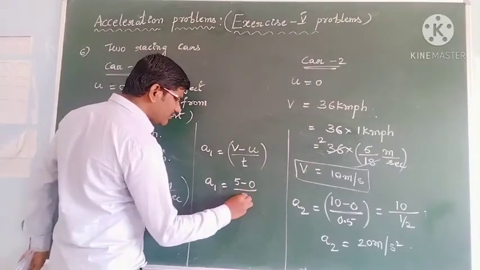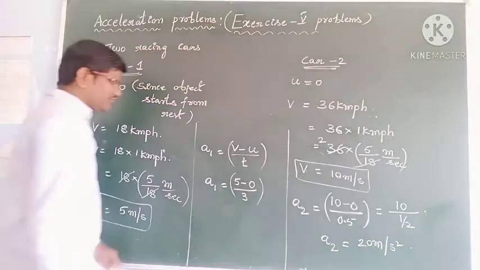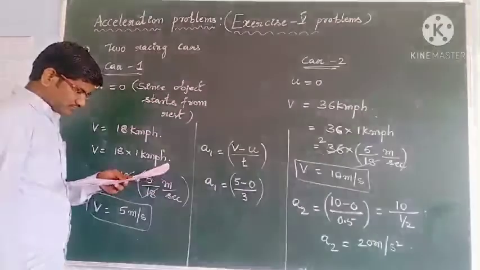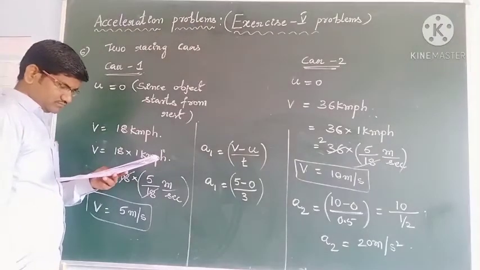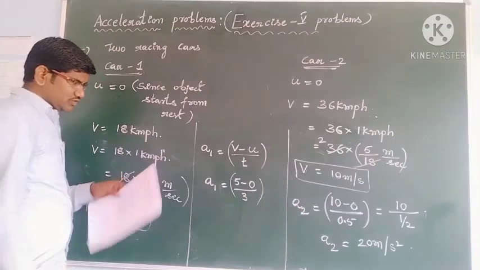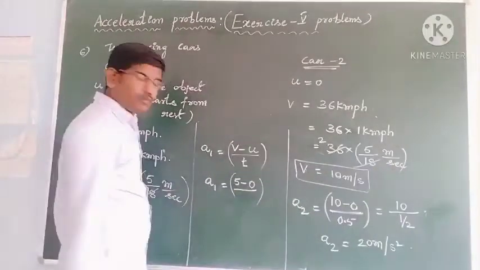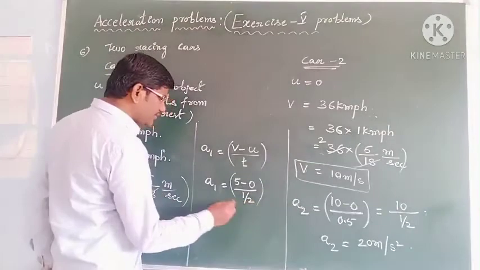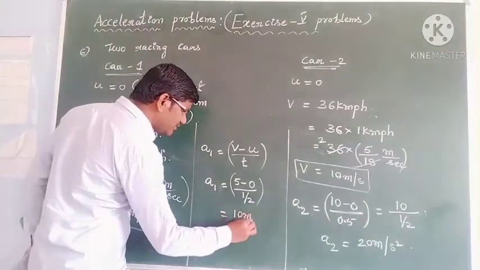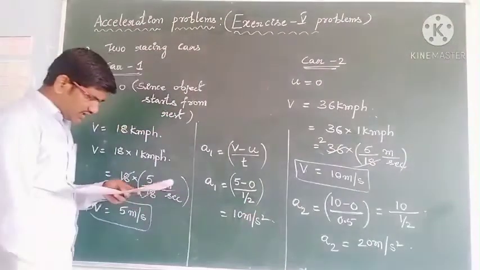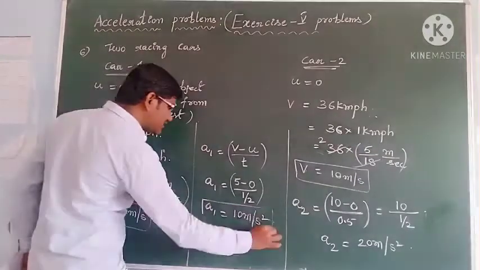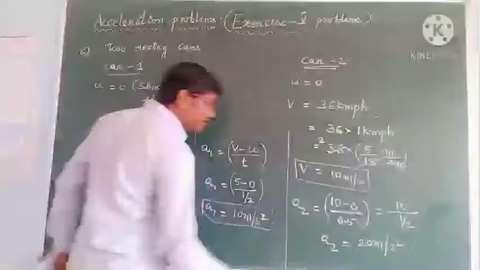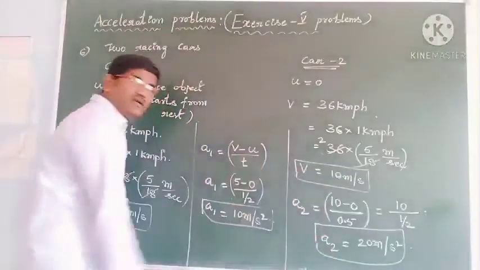The time given is 0.5 seconds, that is 1 by 2. Then we will get 10 meters per second square. So A1 is 10 meters per second square, and A2 is 20 meters per second square.